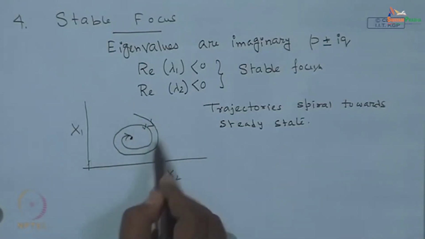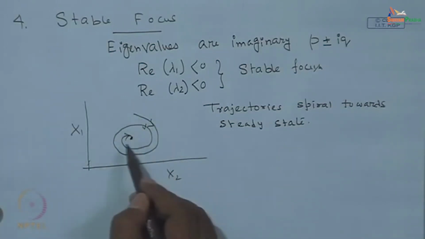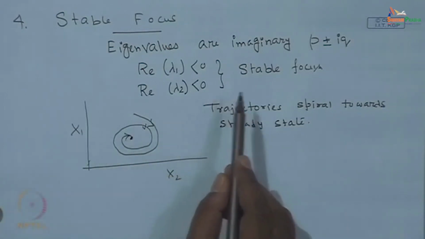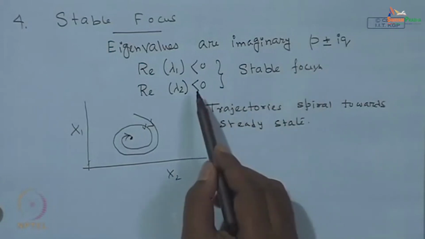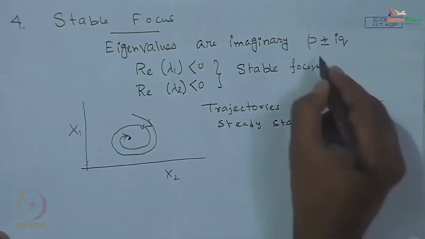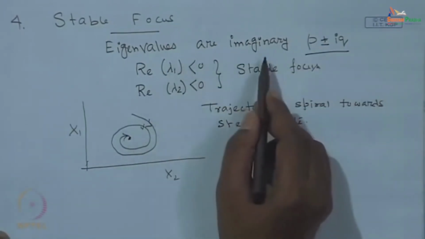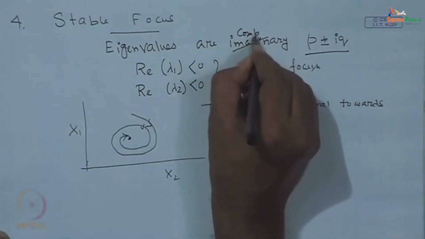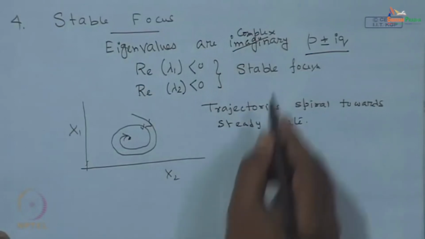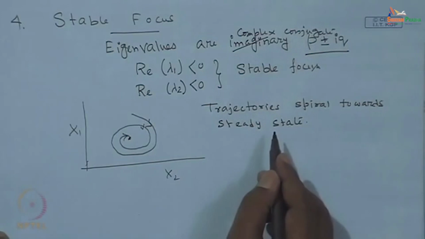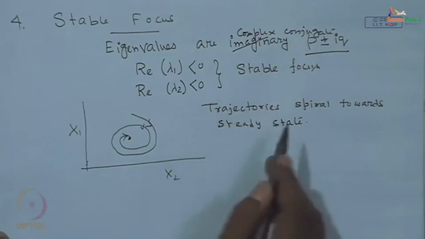So, it will have a spiral nature, towards the steady state or away from it. If the real values of lambda 1 and lambda 2 are negative, then we land with a stable focus, and a focus will happen only in the case of complex eigenvalues. It is not purely imaginary, it is basically complex conjugate. So, eigenvalues are complex conjugate, and then we will have a focus.